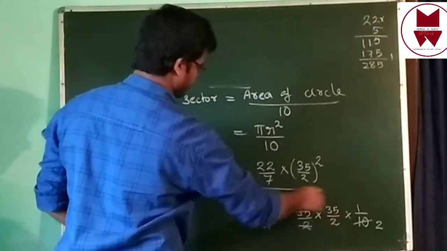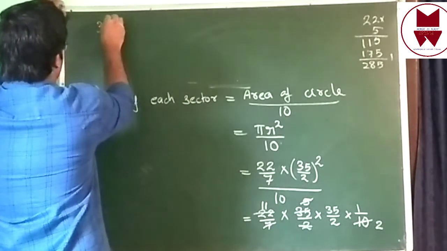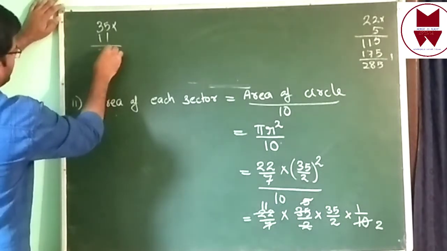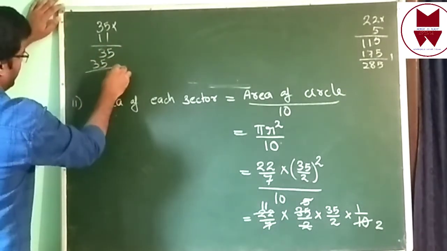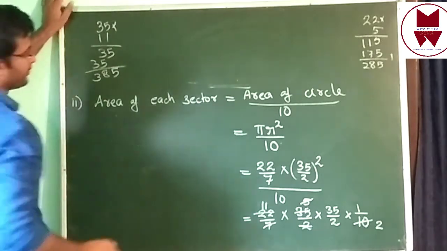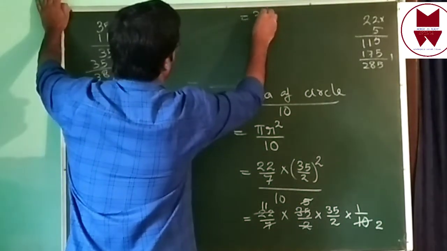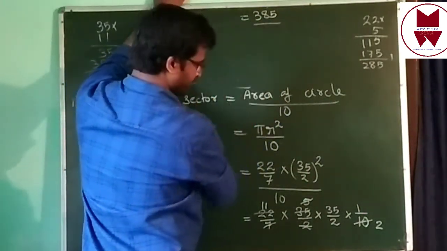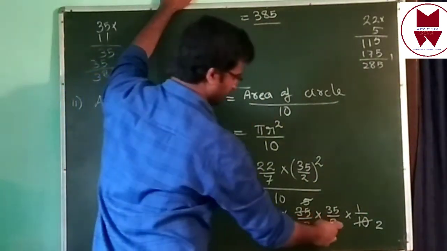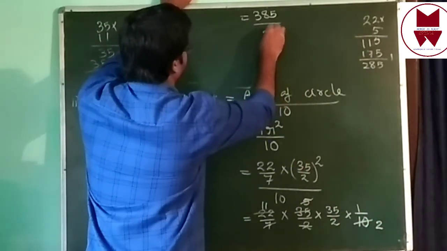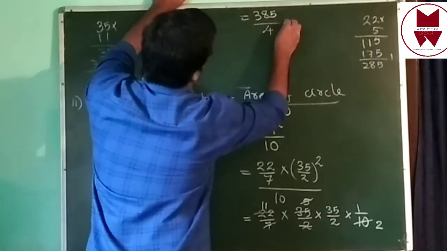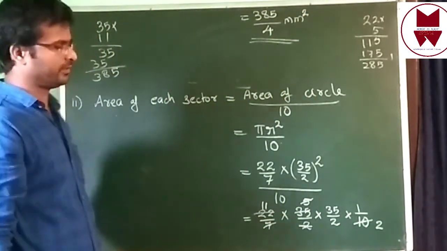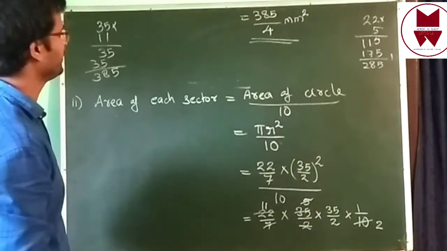Then multiply 5 in the numerator part. 35 into 11, we will get 385. Divide by, in the denominator part, 2 into 2, that is 4, millimeter square. Answer is 385 divided by 4 millimeter square.